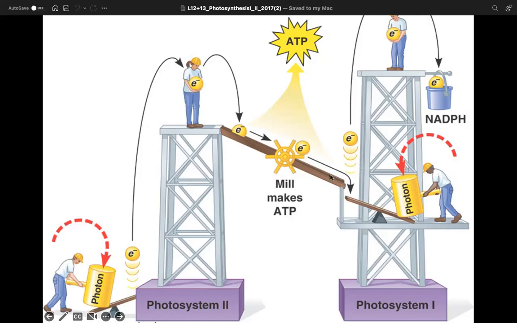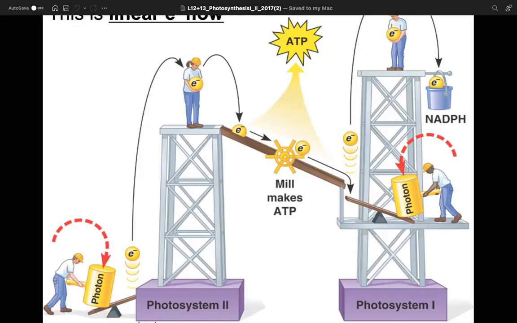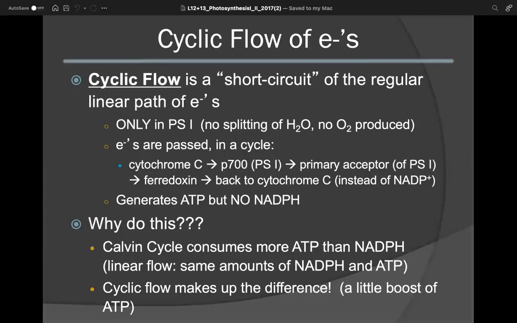Now our tired low energy electron is going back here, getting re-energized by more work from another photon. It's getting elevated again, and then going to this NADPH final product. So as I just said, this is linear electron flow.